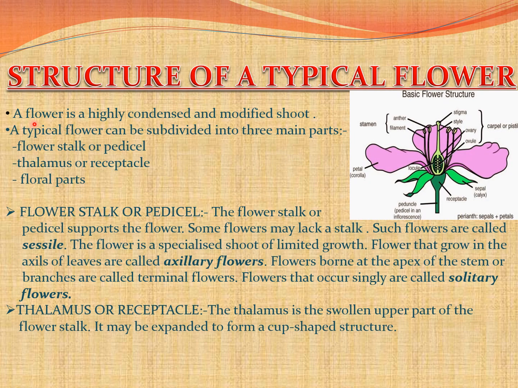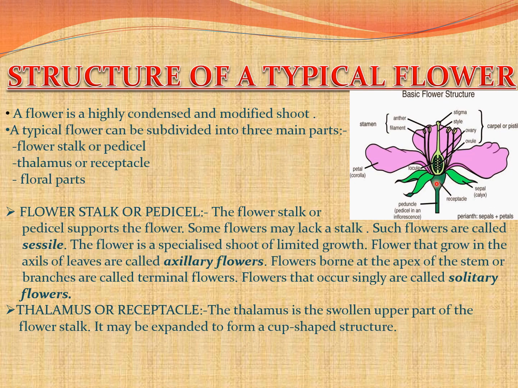Now let's see the structure of a typical flower, which is a condensed and modified shoot. A whole flower is divided into three parts. The flower stalk or the pedicel. The enlarged part of the stalk is called the receptacle or the thalamus, on which there are four floral whorls arranged one after the other.